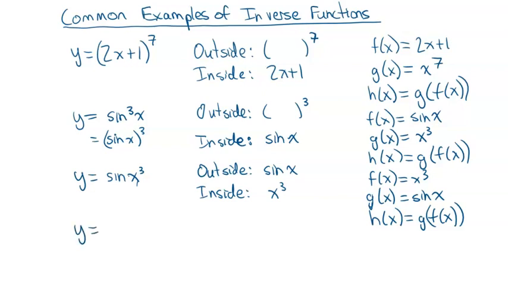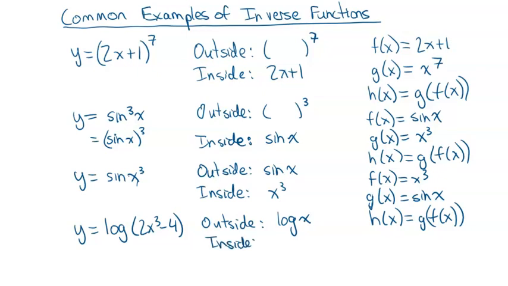Last one would be this. y equals log of (2x cubed minus 4). Outside, well, that's log of x. And the inside, we can see that that is 2x cubed minus 4.